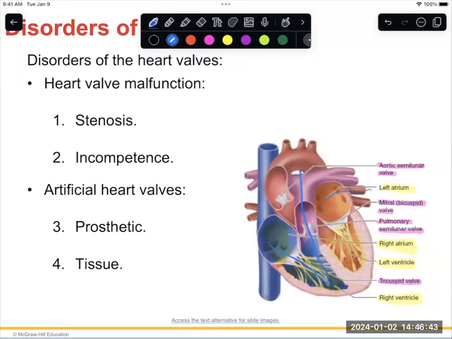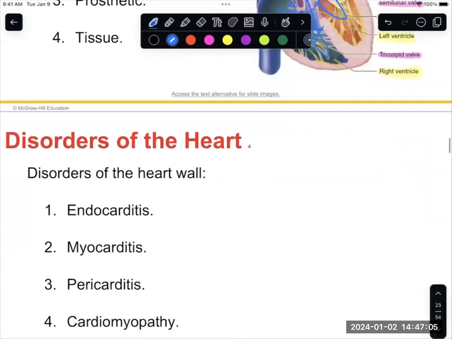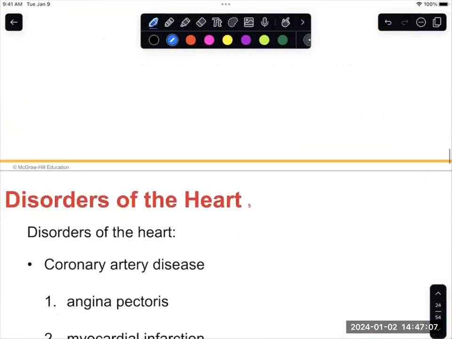Then it'll come back into the heart here, and then it's going to go back out this way. So if this valve right here does not close, as blood travels down, the blood's going to go back up. Same thing here. If this valve doesn't close all the way, blood's going to travel back down. That's regurgitating.